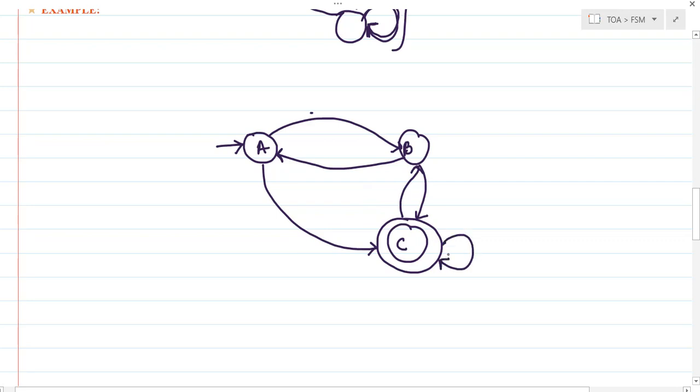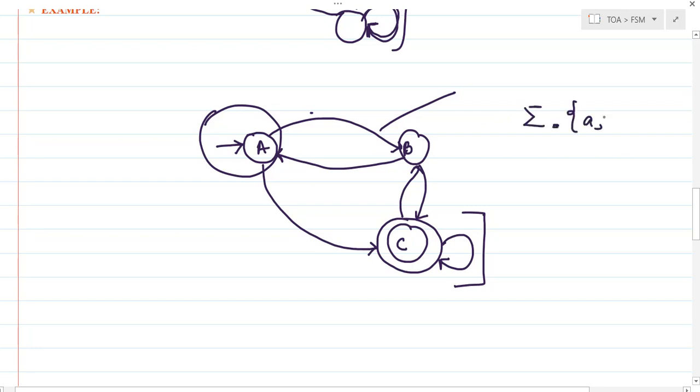So this represents a machine which has an initial state, a final state, and transitions, and on these edges we mention the symbols that are present in sigma.